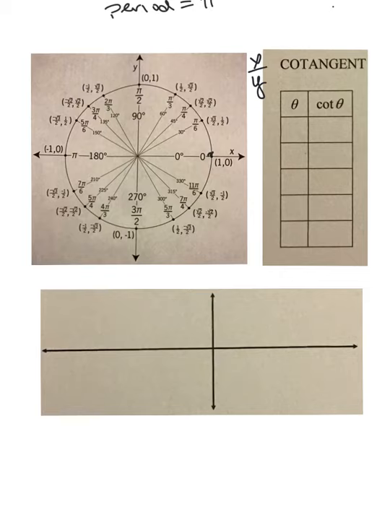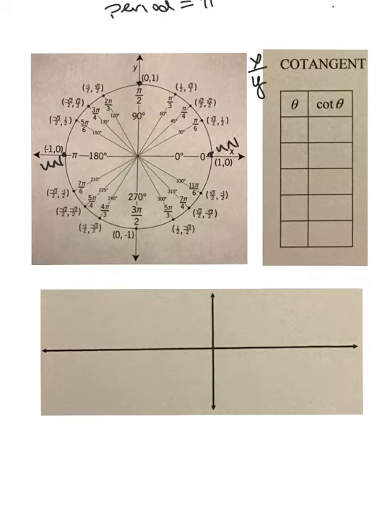So there's our asymptote. If we put x over y at pi over 2, we're going to get 0. If we go over to pi, we're going to get the undefined again. So there's our other asymptote.